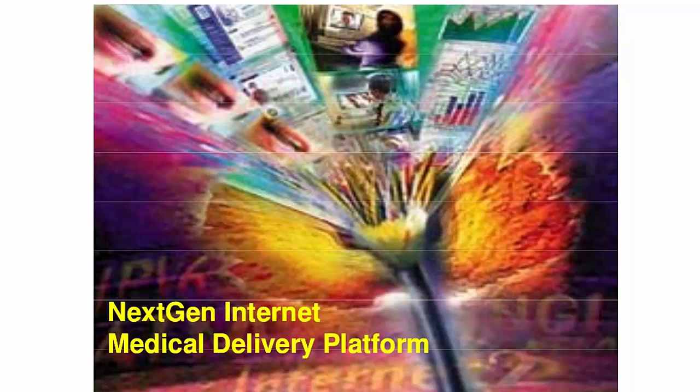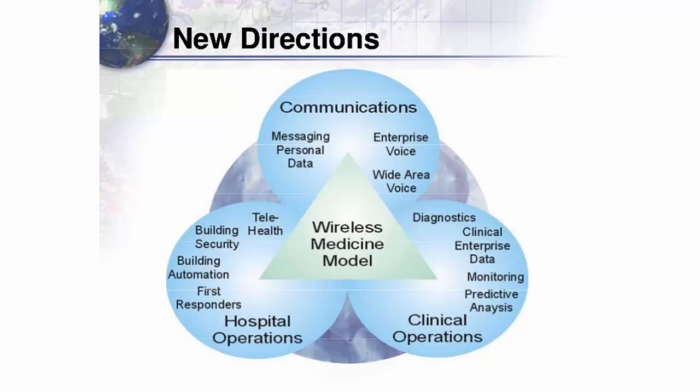From a medical delivery platform, we are talking about the internet for the next generation. We're looking at the integration of communications between healthcare professionals and with the patients or clients that we're working with. We're doing everything from diagnostics to predictive analysis. We're going to be incorporating first responders and then security people for that communications.